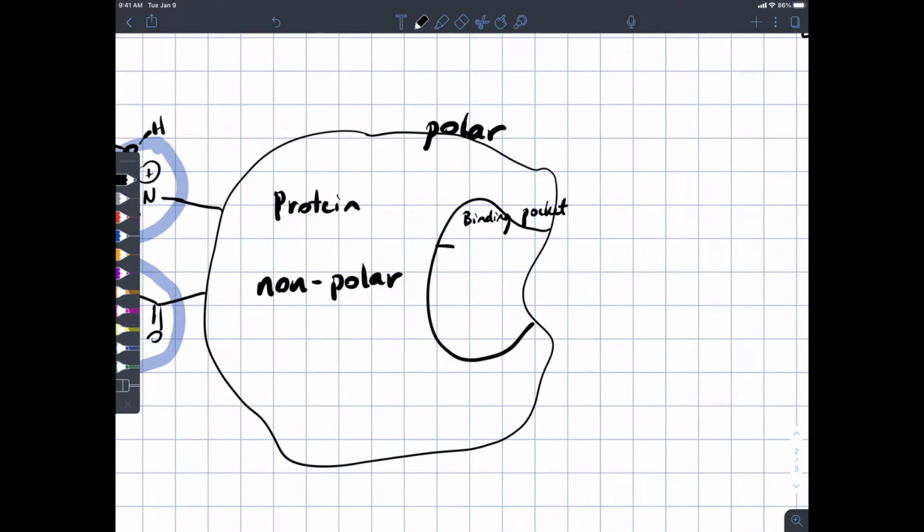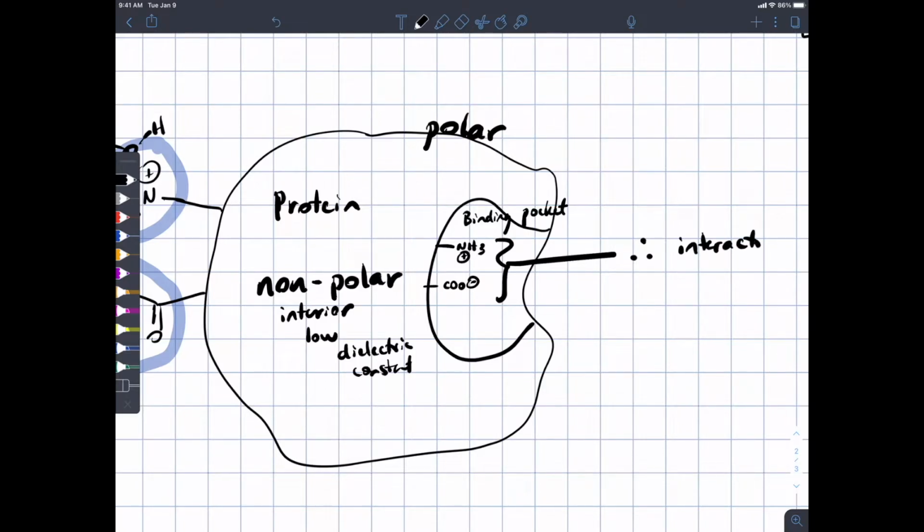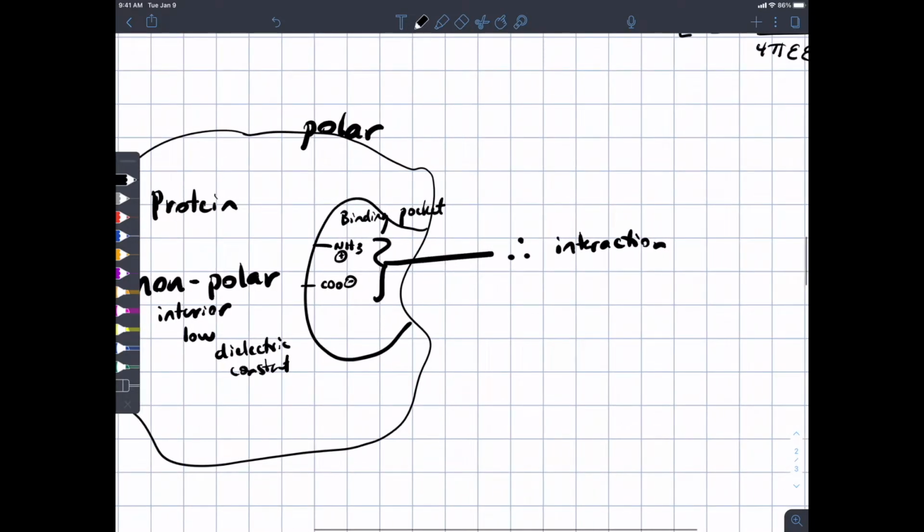And so if you had a positively charged residue next to a negatively charged residue here, the interior is going to be much more like a nonpolar solvent with a low dielectric constant, and therefore the interaction between the two charged residues, the salt bridge or ion pair interaction, can be much stronger.